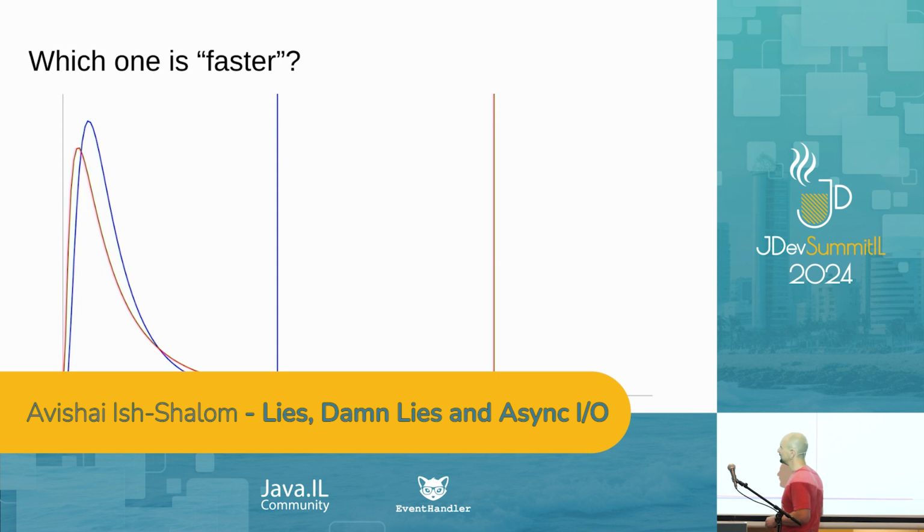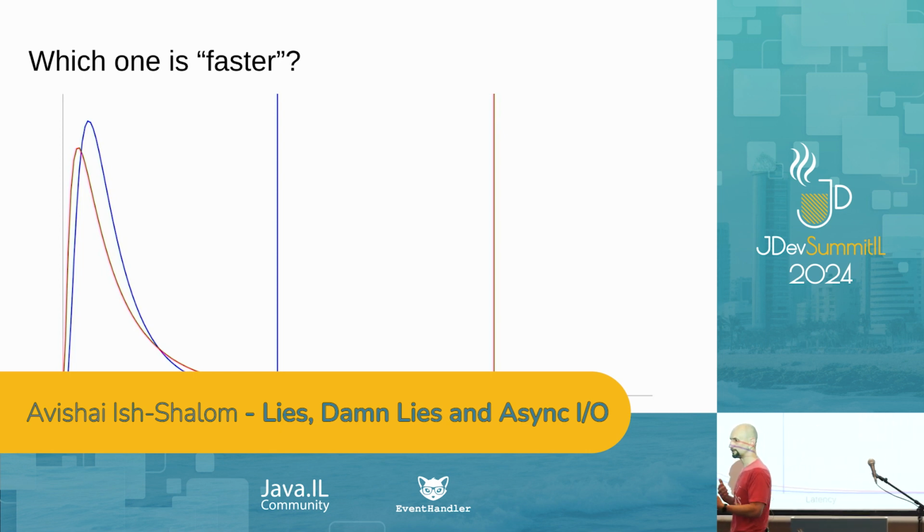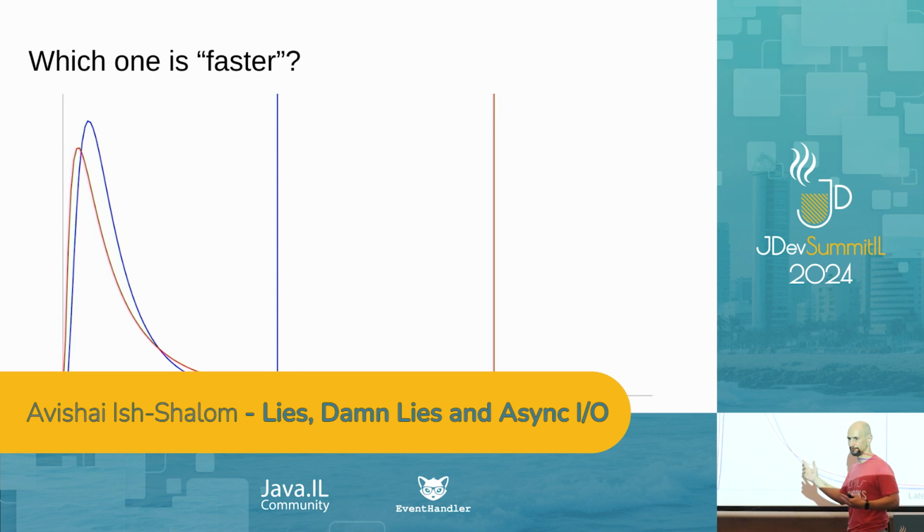The blue line has a slightly slower average, slightly slower even peak, but the 99th percentile is lower. So, depending on what metric we're trying to optimize, we might say that the blue line is faster or that the red line is faster. And actually, in this case, the blue line would be the synchronous framework, and the red line would be the asynchronous framework. Okay? So, is any one of them faster? It depends.